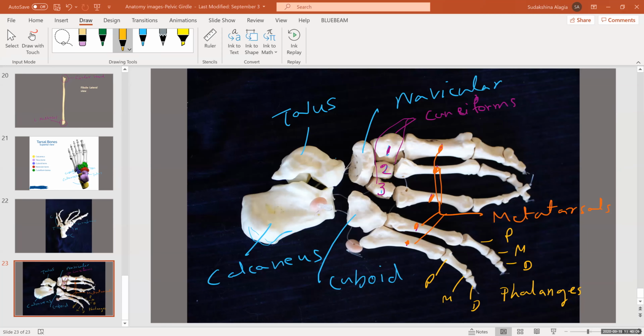Let me stop the share right now of this one. Hang on. Okay, yes, stop share. Close this file. Vertebral column, axial skeleton.